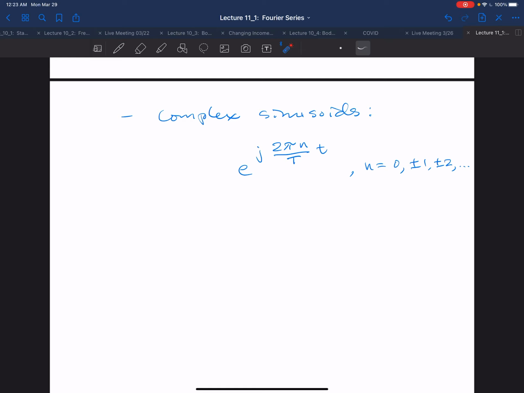This idea of representing signals or functions as infinite sums of sinusoids first arose in the solution of partial differential equations. If you recall our example of a PDE, it was that of, say, a guitar string, a vibrating string.